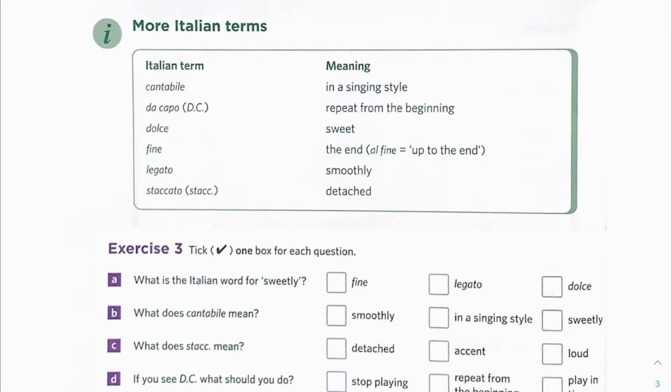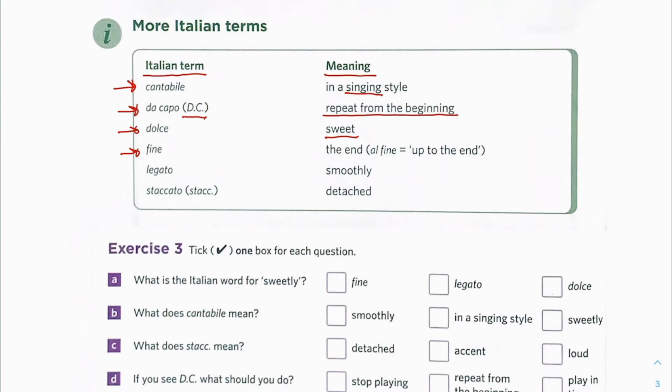More Italian terms. On the left side, again, we have the terms, and on the right side, we have the meaning. Cantabile means in a singing style. Da capo, or the abbreviation D.C., means repeat from the beginning. Dolce means sweet.